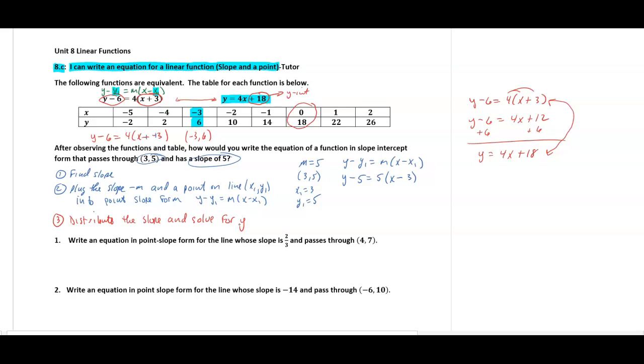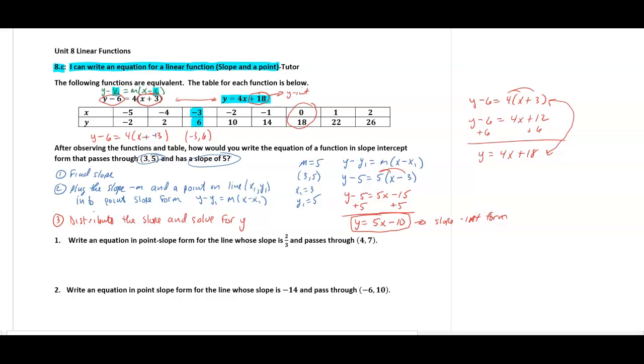So all I do is I come over here, distribute the 5, so y minus 5 equals 5x minus 15. Then all I'm going to do is solve for y by adding 5 to both sides. y equals 5x, then negative 15 plus 5 is negative 10. So this here would be your slope-intercept form.